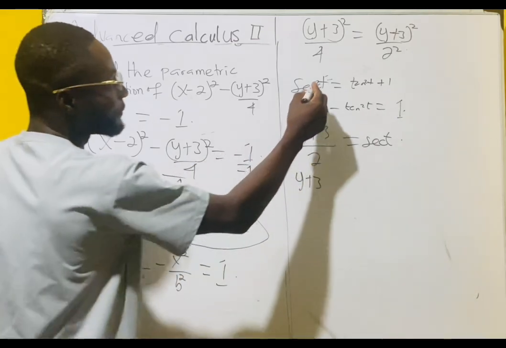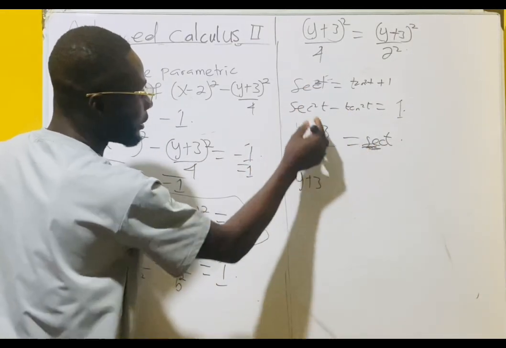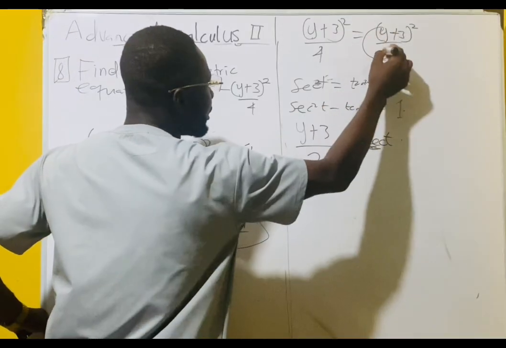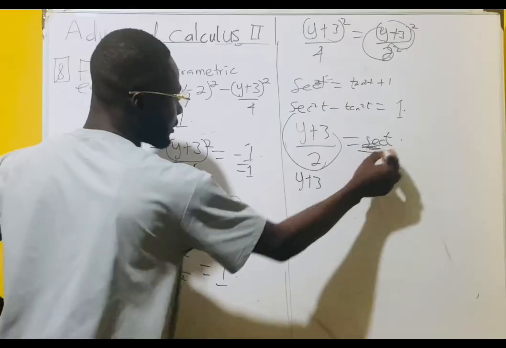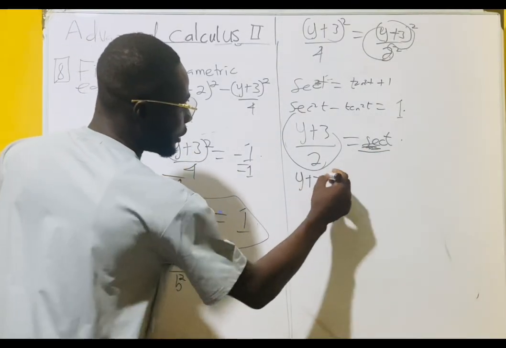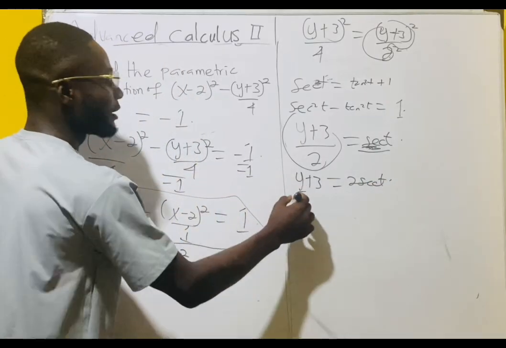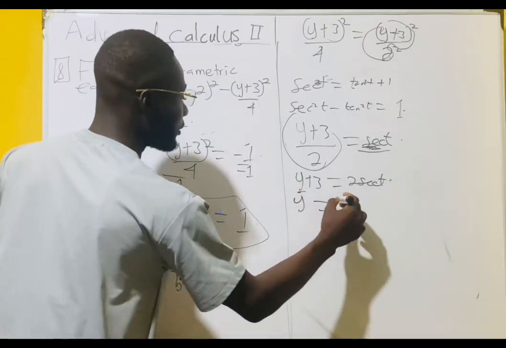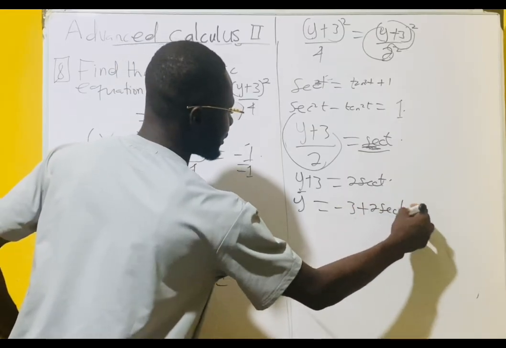So since we are using just square sec, we're going to use only the information here. So we have this equals the sec, so y plus 3 equals 2 sec t. Making y the subject, we have y equals negative 3 plus 2 sec t.